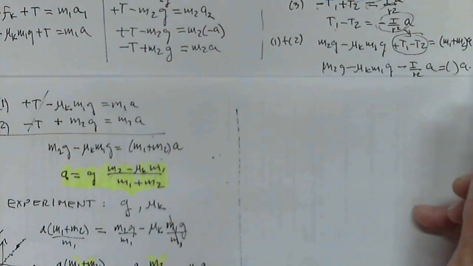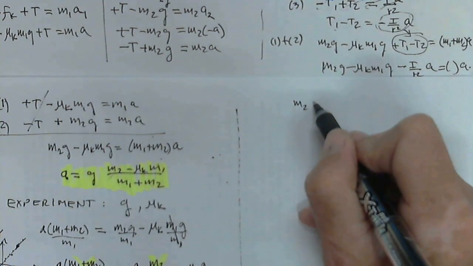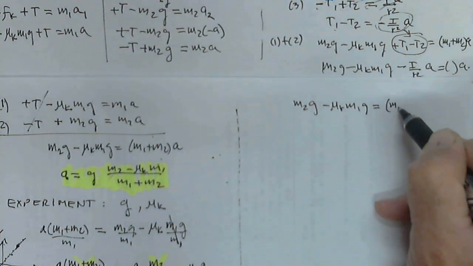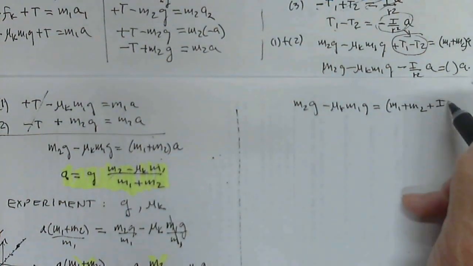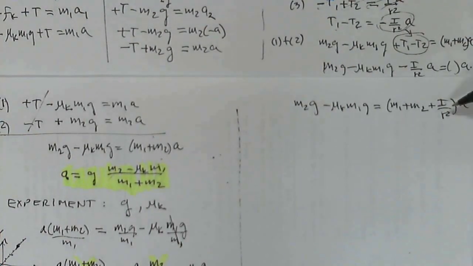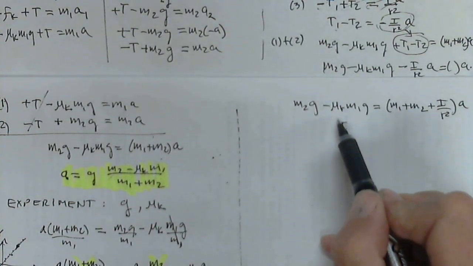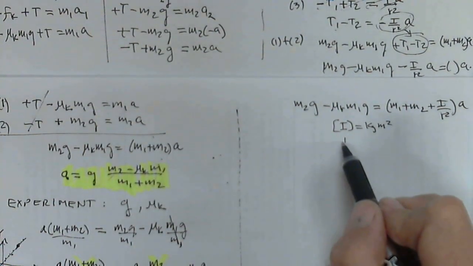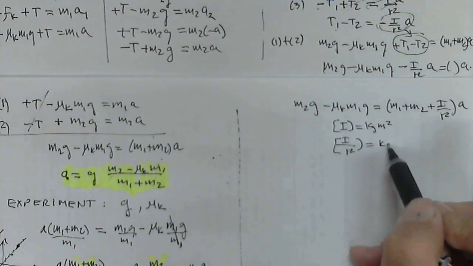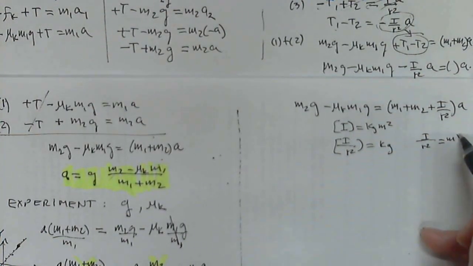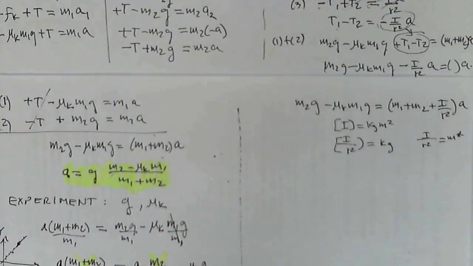So I'm going to move the acceleration term to the other side. You get m1 plus m2 plus I over r squared, common factor a. And this is important because remember the moment of inertia has units of kilograms meter square. So moment of inertia divided by square of the distance has units of mass. So you could call this m star if you want, because that has units of mass.